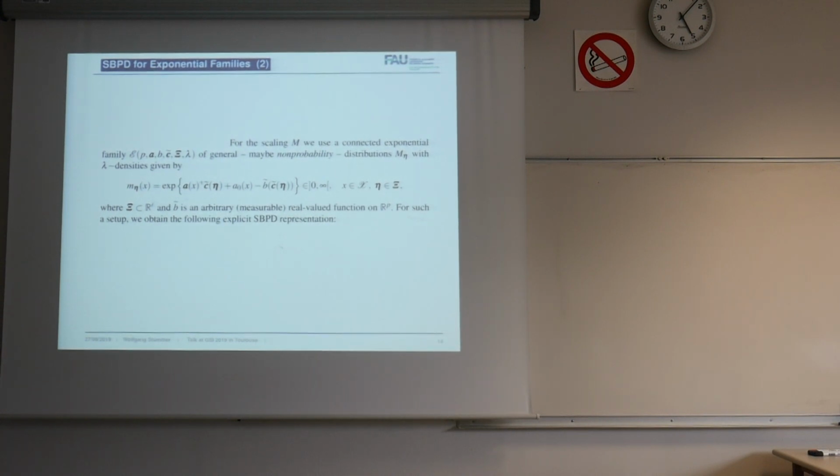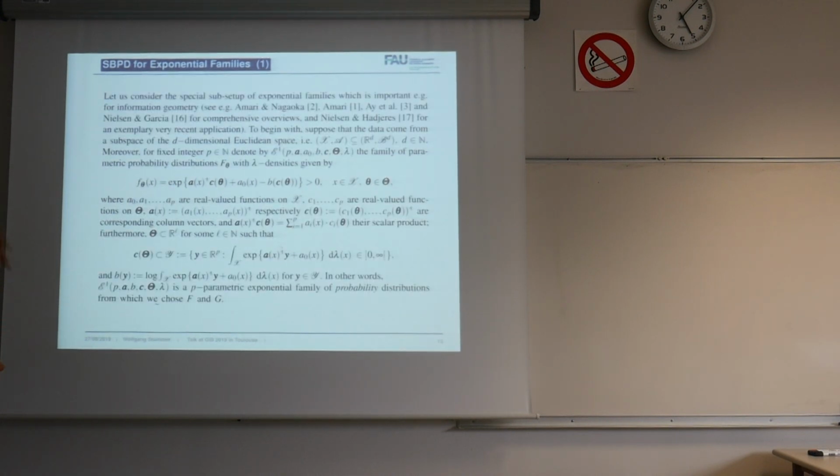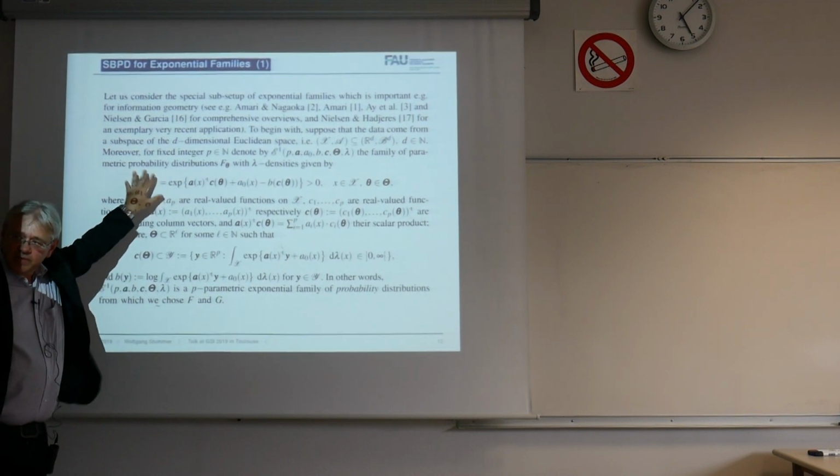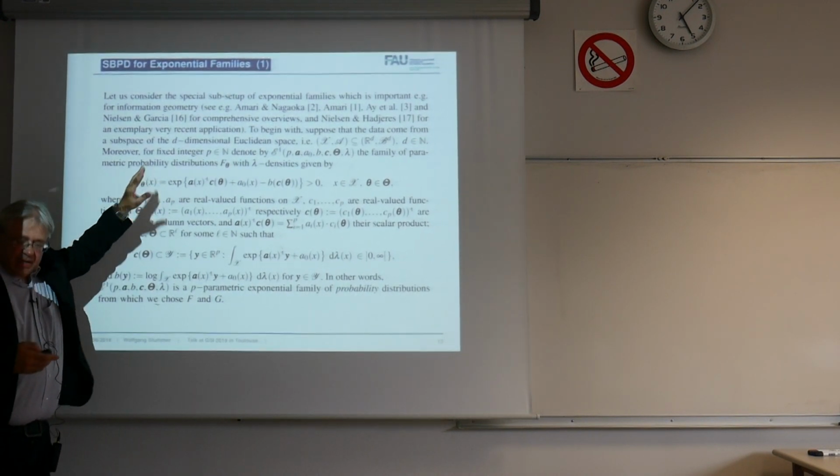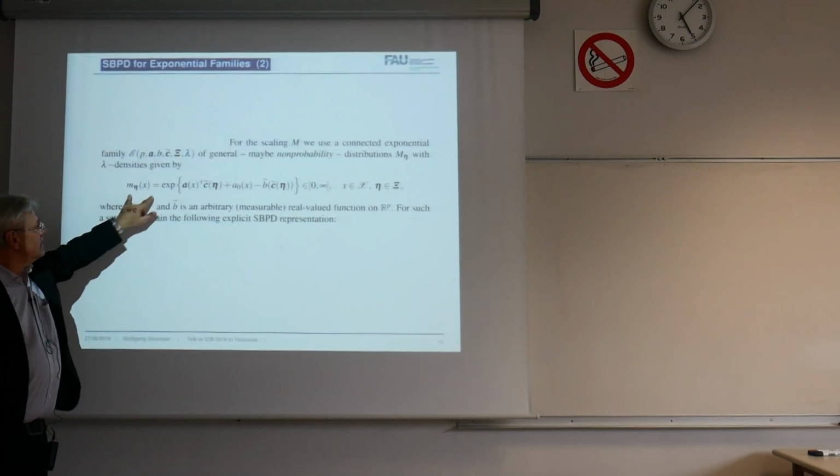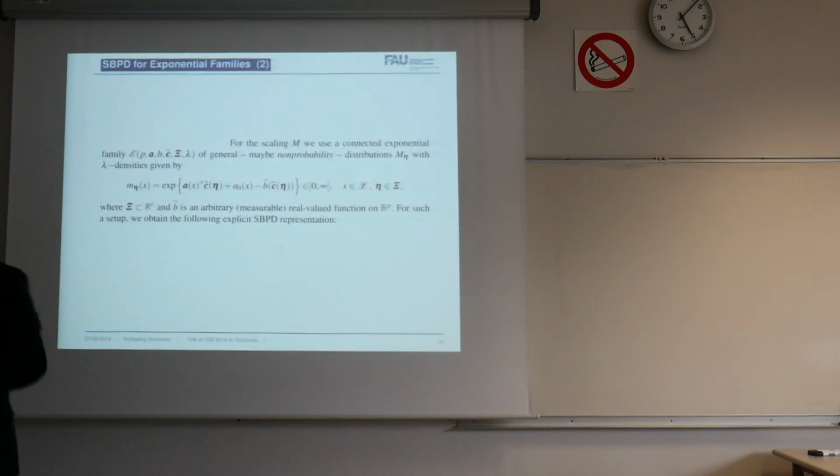So I will show you a result where we want to measure the distance between two probability distributions, and this should come from the exponential family. And how about the scaling? The scaling has also an exponential form, but maybe of different form, and it need not be normalized, remember.